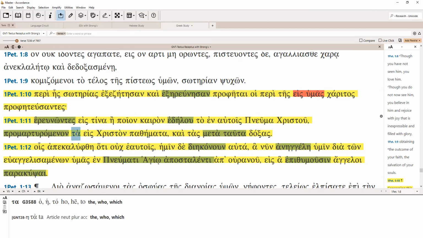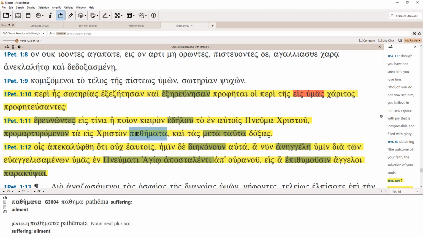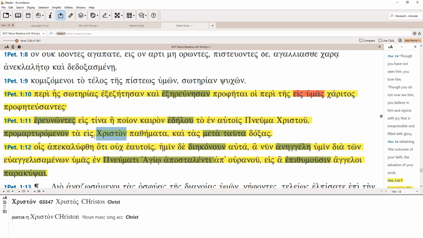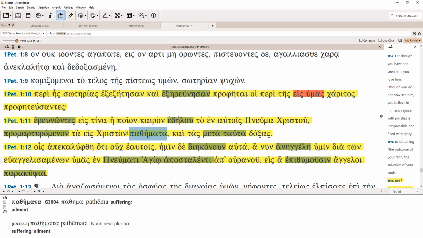Ta, which is a neuter plural article. So it should imply like some things or a bunch of things. And here we have pathemata, which is pathema, which means suffering. And this is in the plural, so the sufferings that belong to Christ. So Christ's sufferings. Ta eis Christon pathemata, the Christ's sufferings.